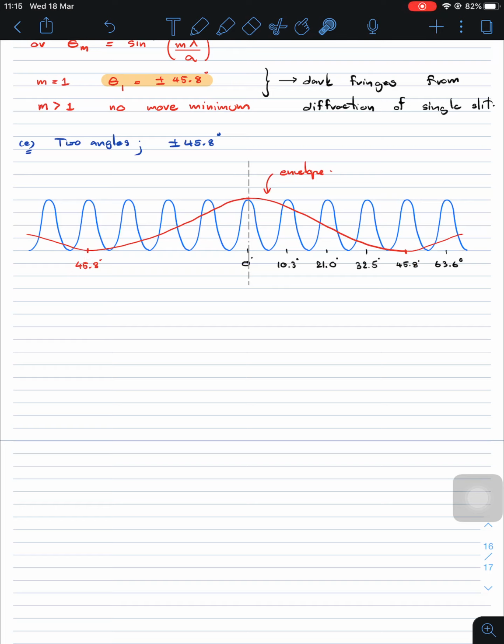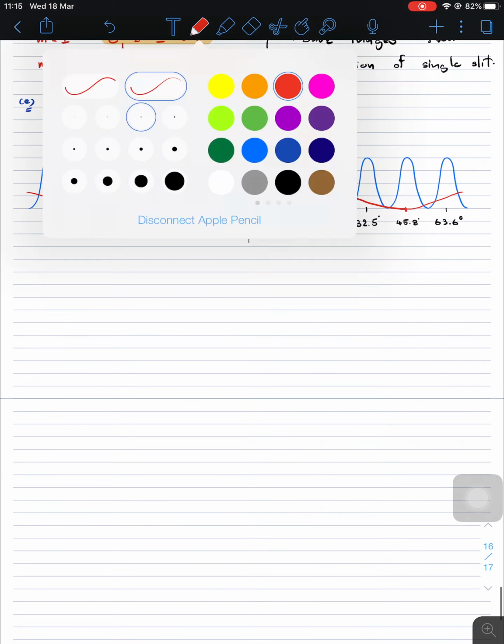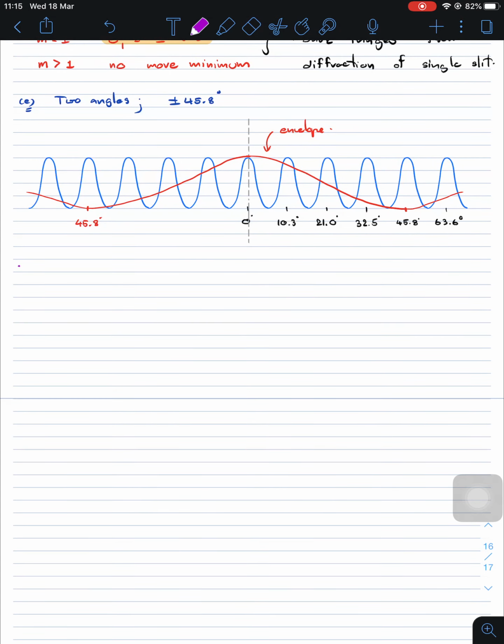So finally we have only 1, 2, 3, 4, 5, 6, 7, 8, and 9. We have only the nine bright fringes on the screen. So this will be part F.